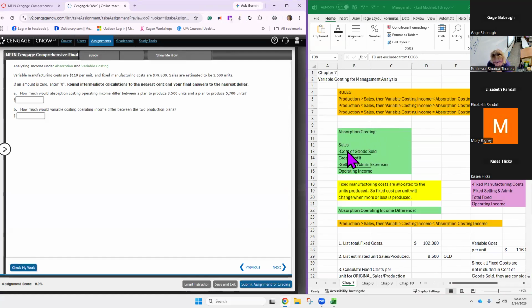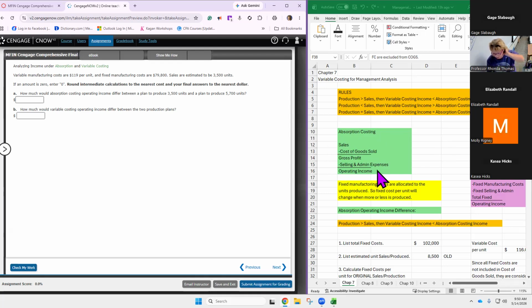So real quick, absorption costing. This is what we've been doing all through financial accounting and some this semester. If we think about absorption costing, we think about sales.